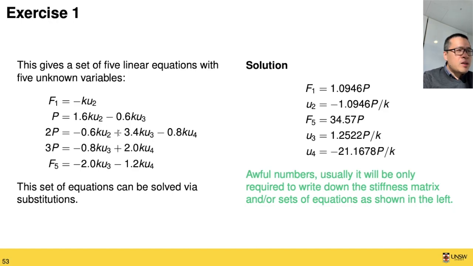When that happens, I can solve equations 2 and 3 together to get the answer for U2 and U3. Okay, so once we solve U2 and U3, that allows me to solve F1 from equation 1 as well as F5 from equation 5. And the solution is basically written here.